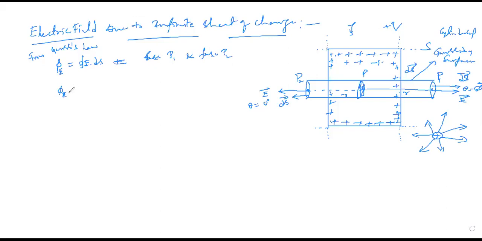Phi, meaning electric flux, should be written as the closed integral of E dot ds with respect to P1, and at the same time the closed integral of E dot ds with respect to P2. And since the angle between these two is equal to 0 degrees, between what? Here you can write between E and ds on both sides. Like this you have to write in detail clearly.